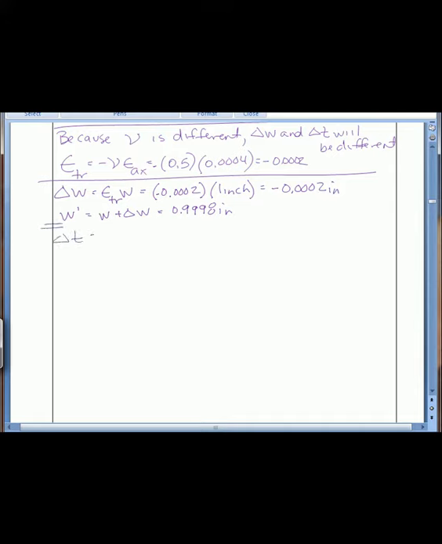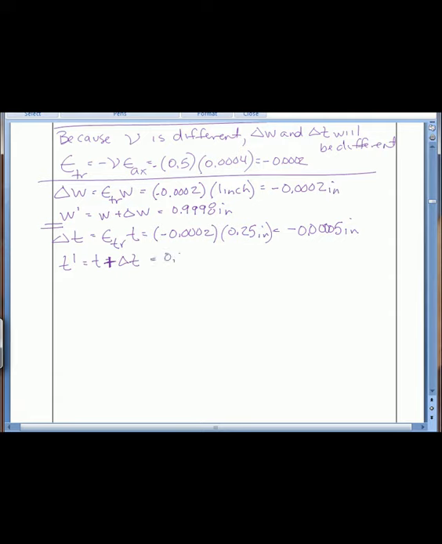Similarly, the change in thickness is the same transverse strain, this time times 1/4 of an inch, is, well, 1/4 of the dimension change, and new thickness is thickness plus the change in thickness.